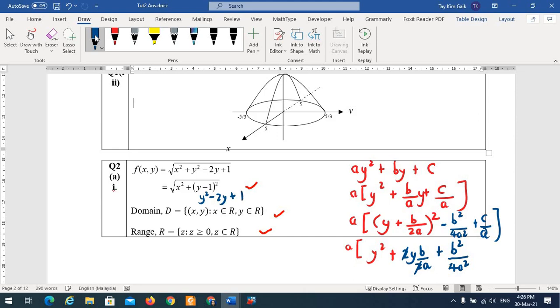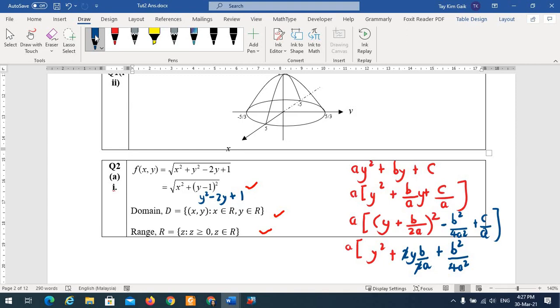So it's nice, exactly this term, so you don't need to do like here, minus b squared over 4a squared plus c over a, because you exactly get back every term here. So for the expression square root of x squared plus y squared minus 2y plus 1, after completing the square, you get square root of x squared plus y minus 1 squared.